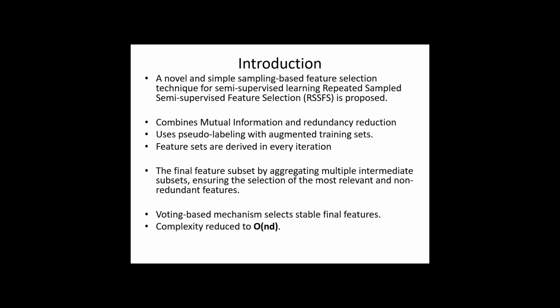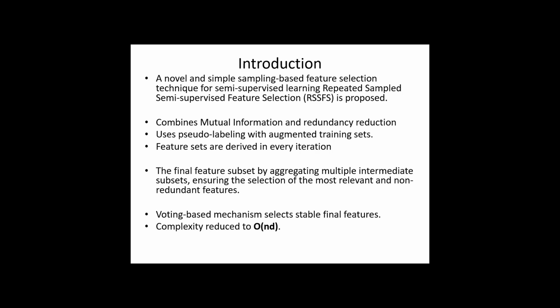Initially, we divided the data sets in the normal way into training and test, and from the trained data sets, we derived feature sets in different iterations. Every iteration had different feature sets, but finally we had to aggregate. We had to come to a common feature set, and that was based on the most relevant and the most non-redundant features.